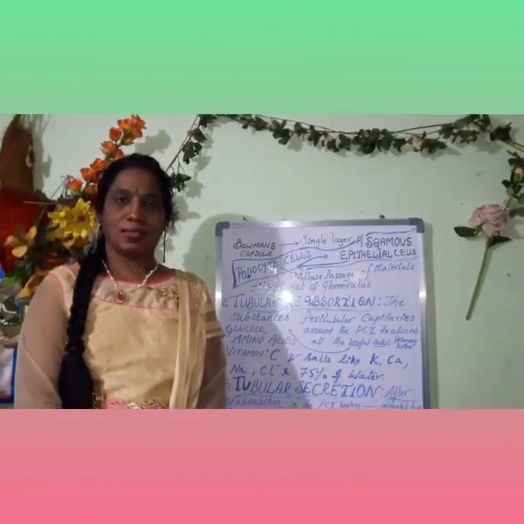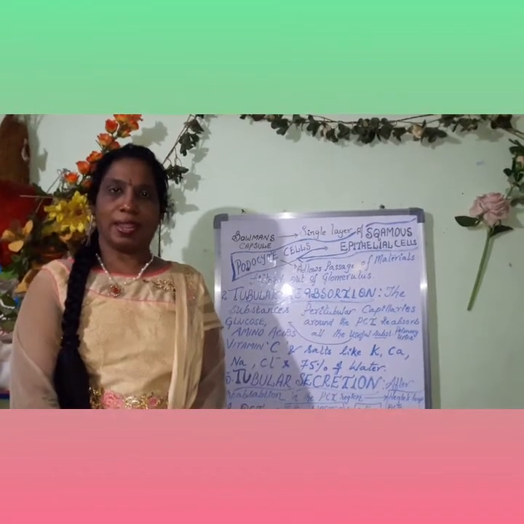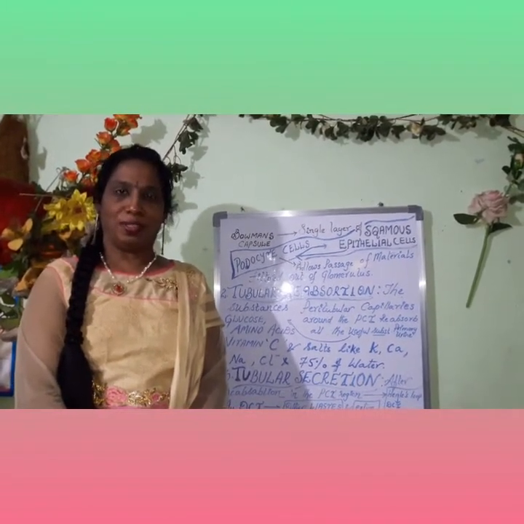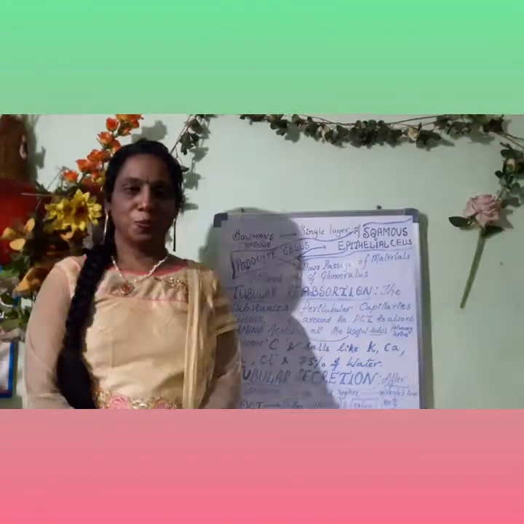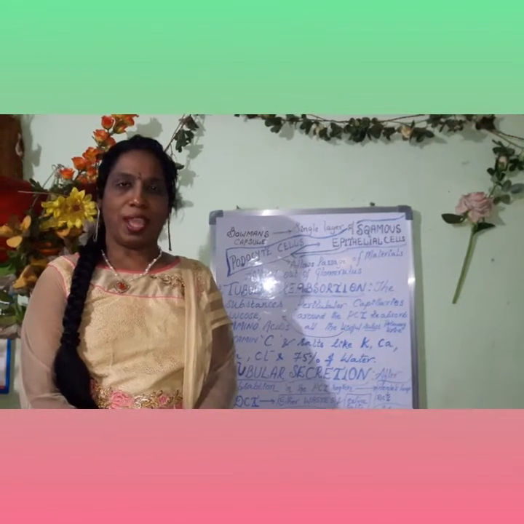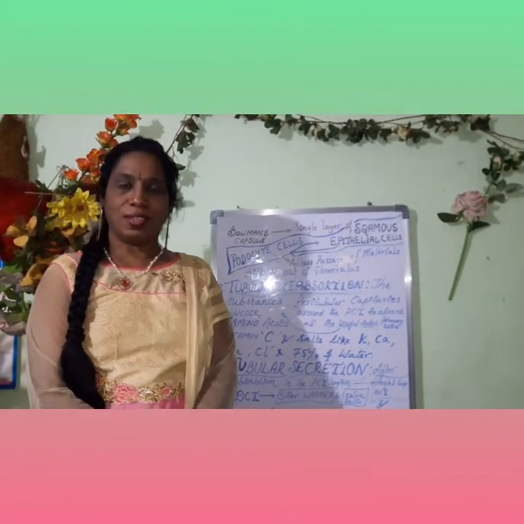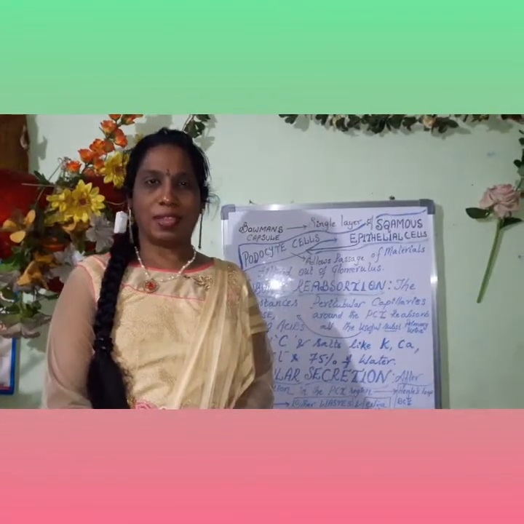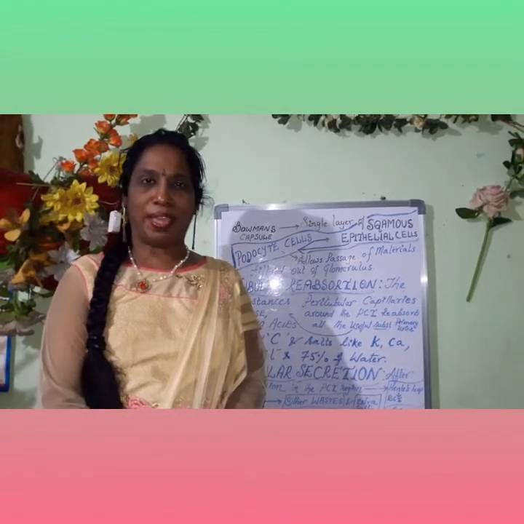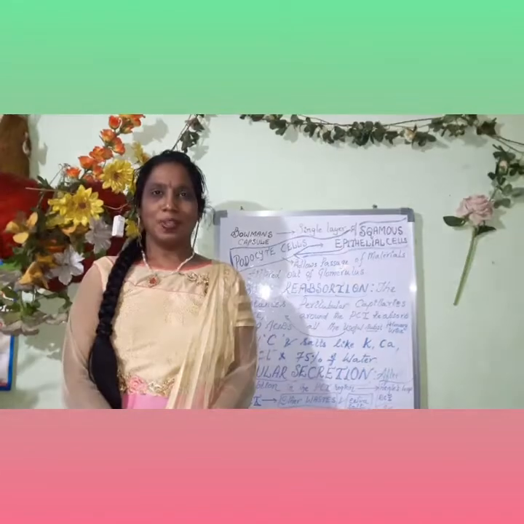Ions such as K+, Ca2+, Na+, Cl- and H+ are removed in the DCT, and other waste materials like urea, uric acid and creatinine are also removed in this region. This is called tubular secretion. In tubular secretion, it maintains the proper concentration and also the pH of the urine.